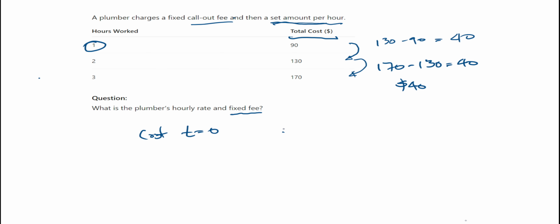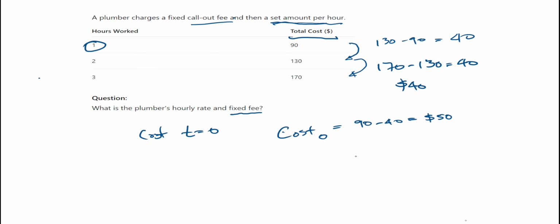So the cost at time equals 0 is going to be 90 minus 40, which is $50, which is pretty cheap actually for plumbers.